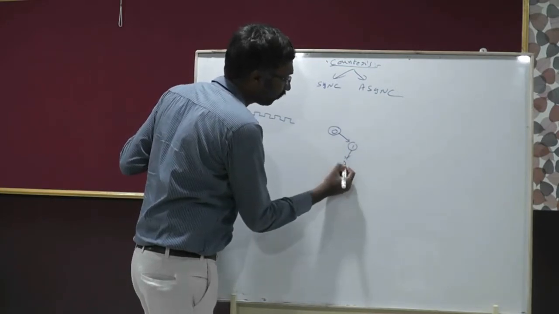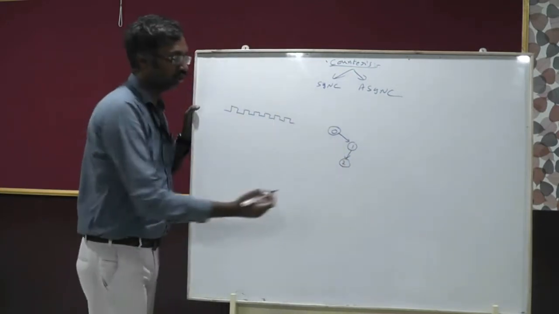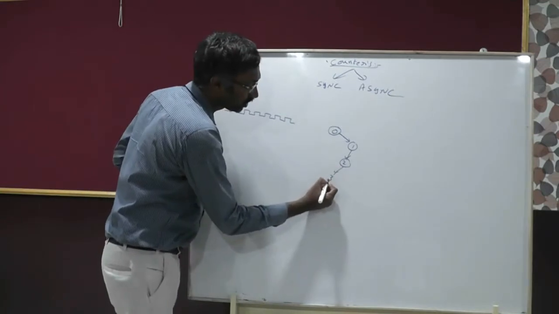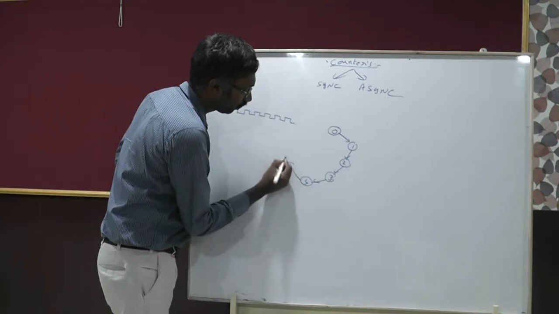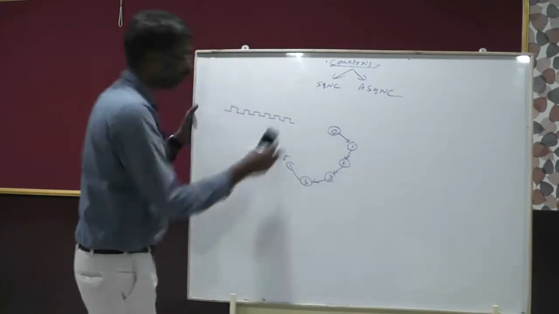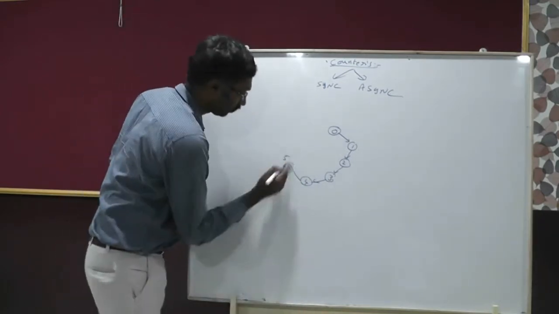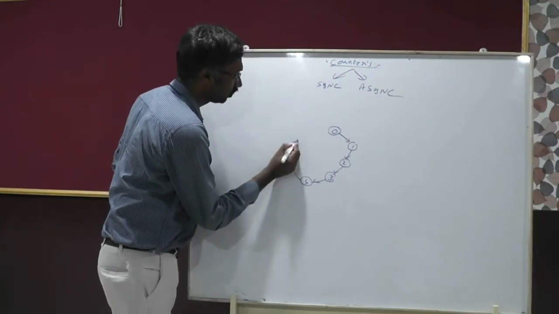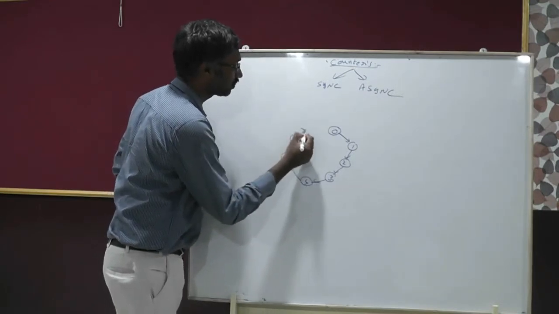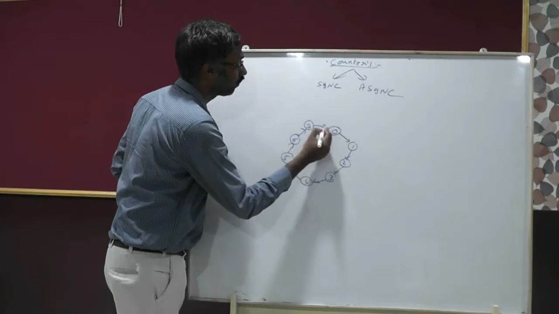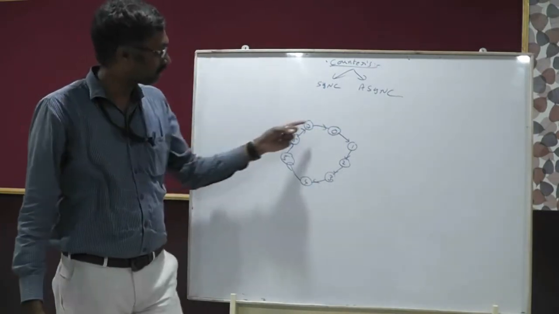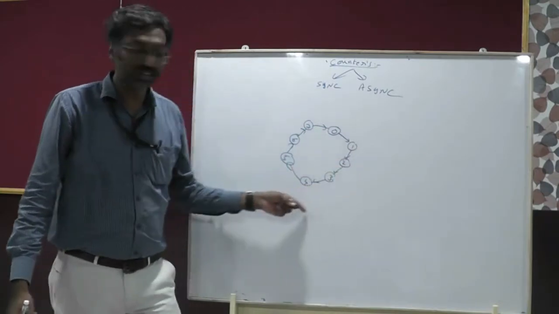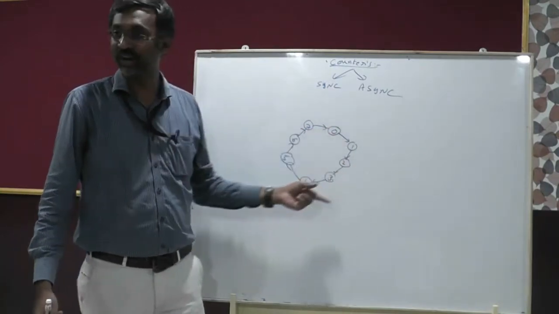Increment again, 2. Then 3, after 3 comes 4, after 4 comes 5, after 5 comes 6, after 6 comes 7. After 7, it comes back to 0. Here it is generating a particular sequence in an incrementing order.